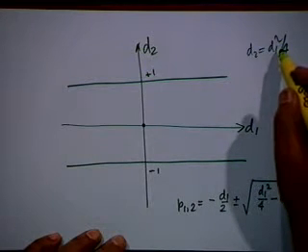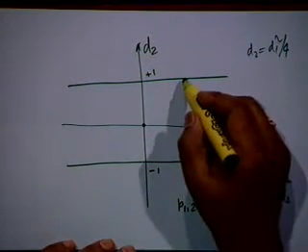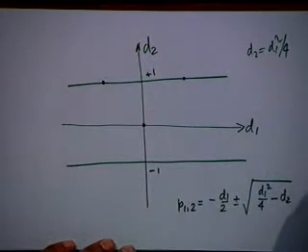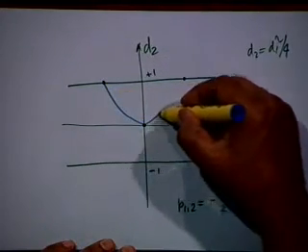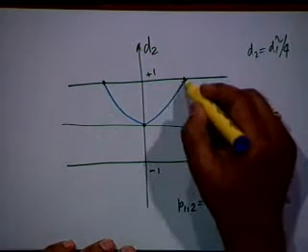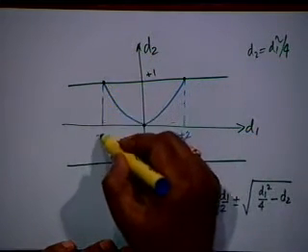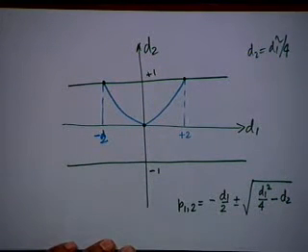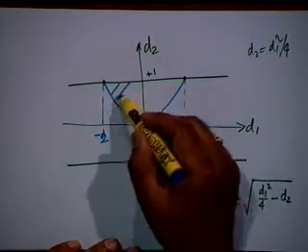When d1 is plus 2 or minus 2, it is equal to plus 1. Therefore, these are 2 points, and you can draw the parabola through this, where this is plus 2 and this is minus 2. Therefore, if the roots are complex, then they should be contained in this cup.